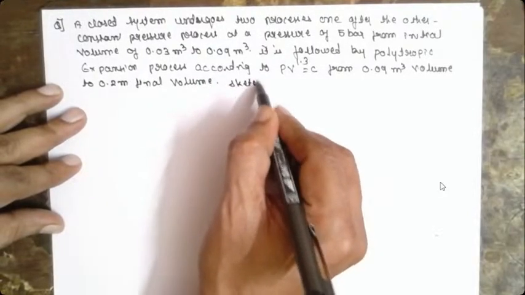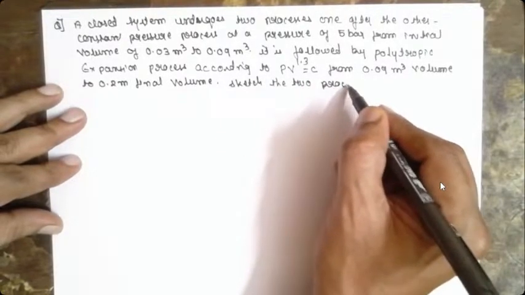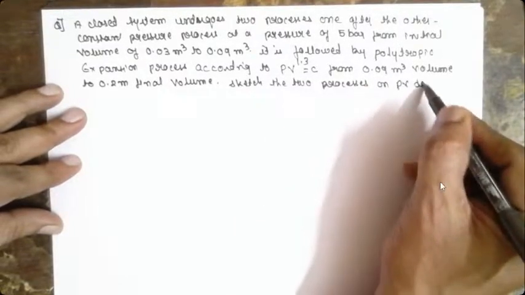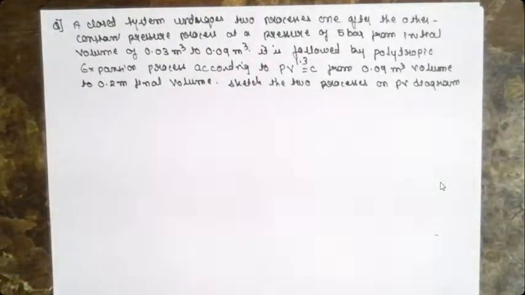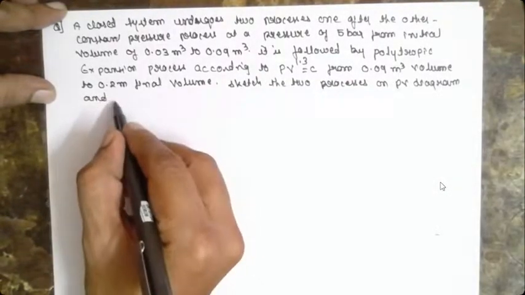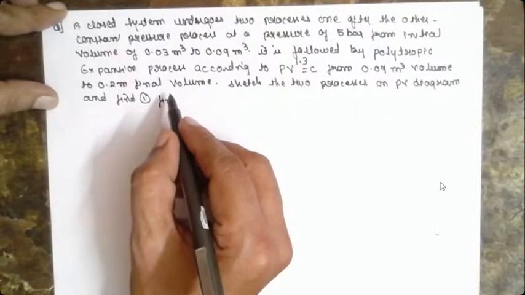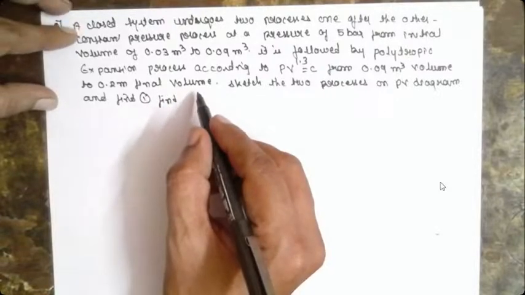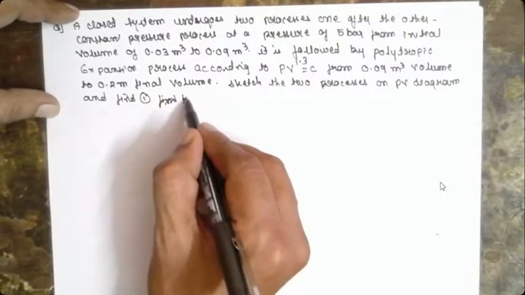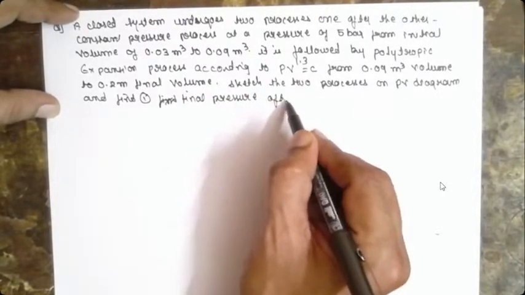Sketch the two processes on PV diagram. And find, first one, the final pressure after expansion.